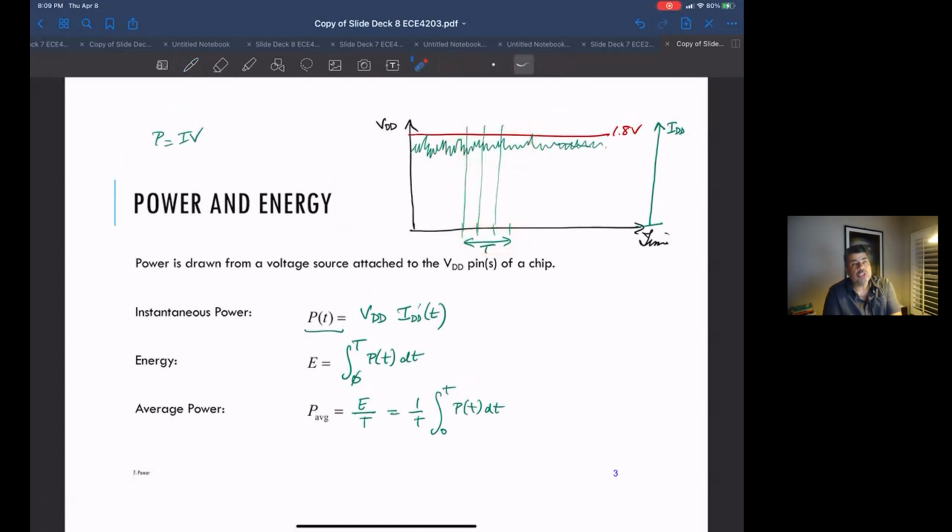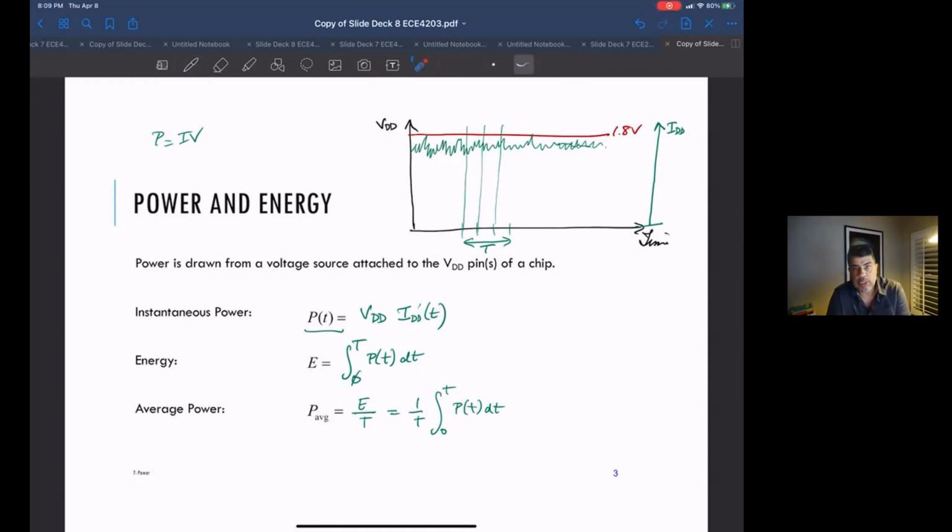This is what you would do, for example, if you wanted to figure out how long it would take for the battery on your iPhone to discharge. You couldn't take the instantaneous power by itself, because the iPhone runs in different modes. When you're in a dark room, the display might be brighter.